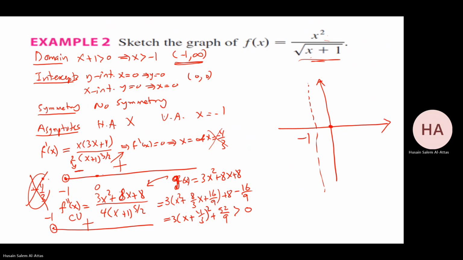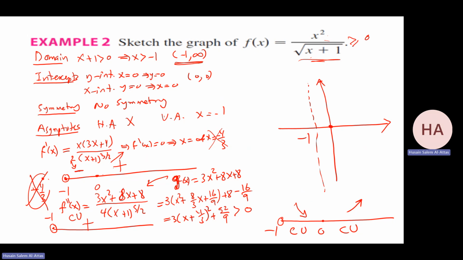Now, if I want to combine it in one figure, let me do it here. I have this is minus 1, and this is 0. And it's decreasing, then increasing, but it's always concave up. So I'll do something like what? Between minus 1 and 0, I can take a value. Actually, this function is always positive, very clear.